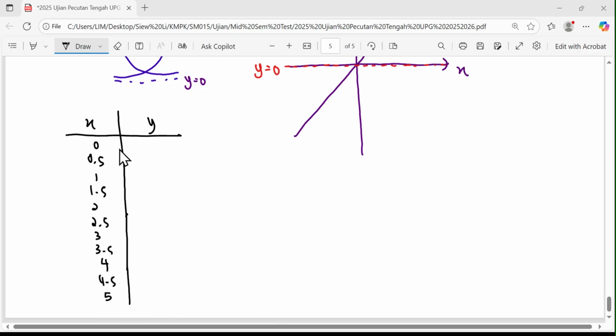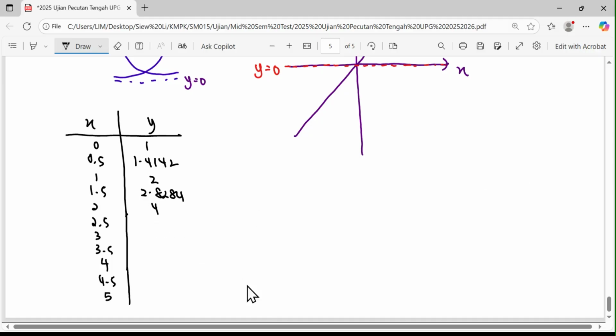You can notice that when x is 0, y is 1, then 1.4142, then this is 2, then this is 2.8284.